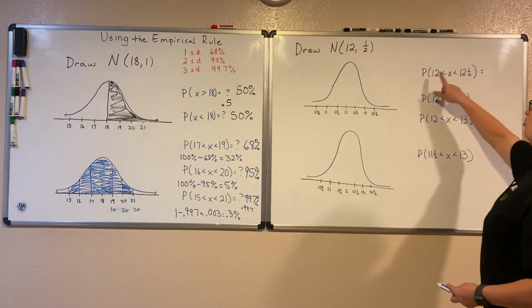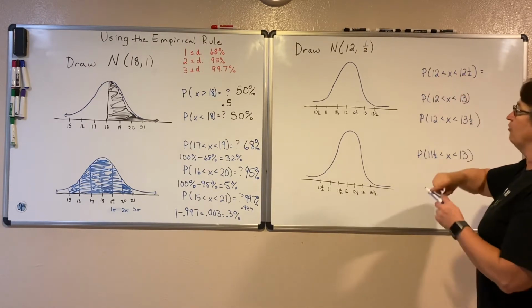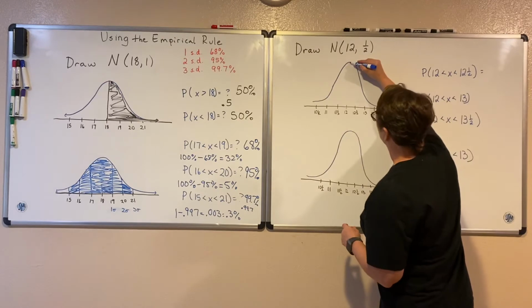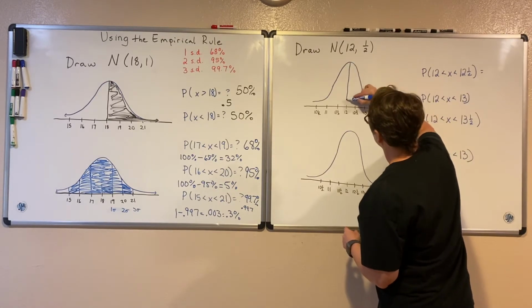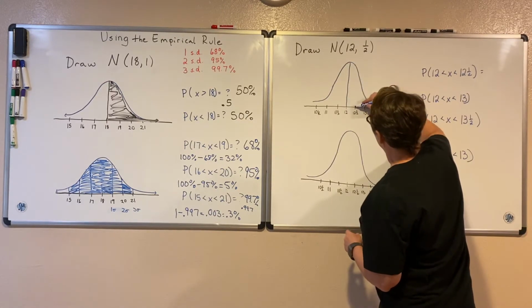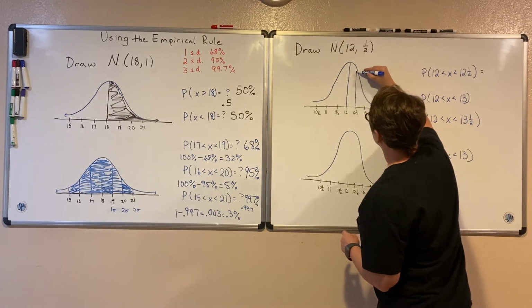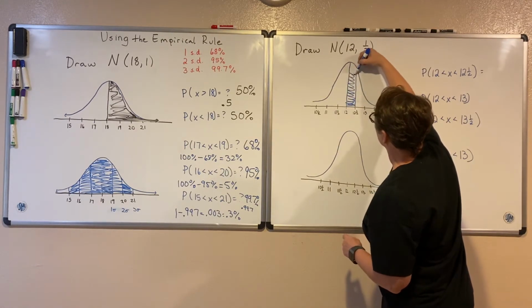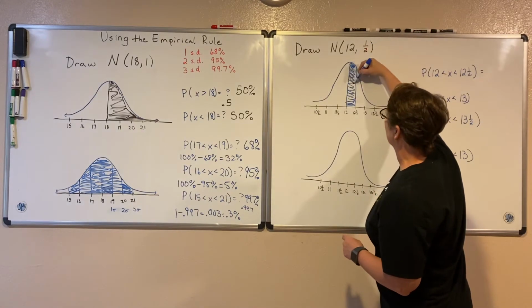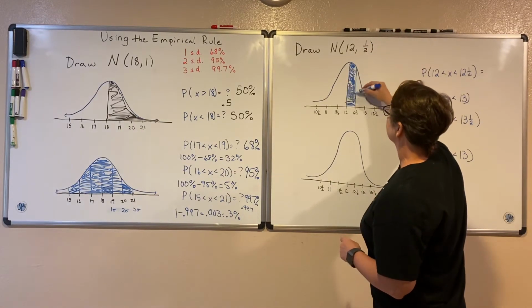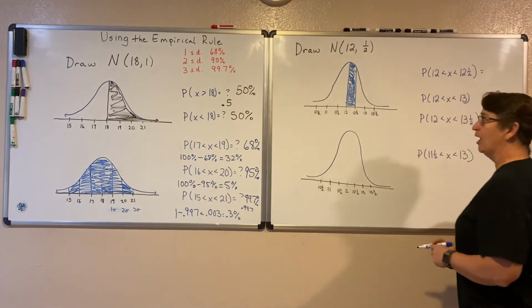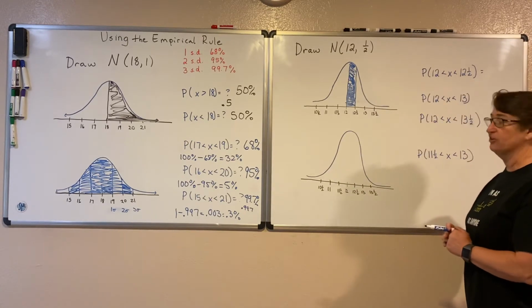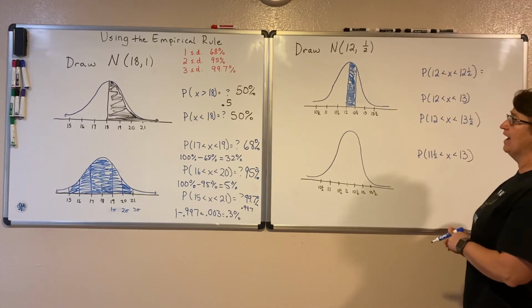So I want to know, to go from 12 to 12.5, what's the probability that I catch a piece of data between here? Again, probability and area are related. So I'm really asking how much area under the curve is between 12 and 12.5.